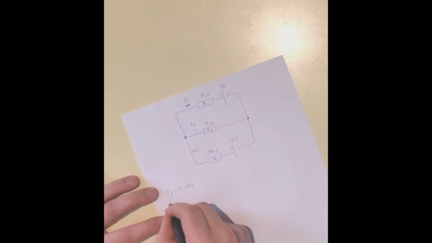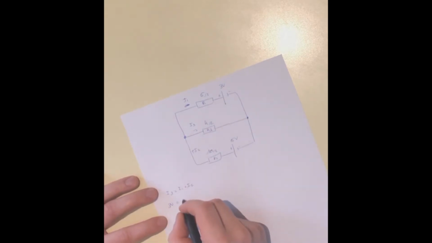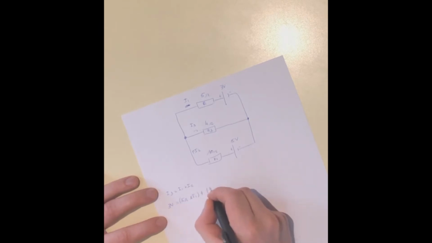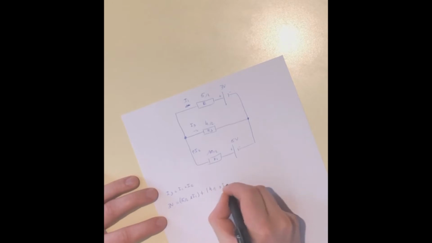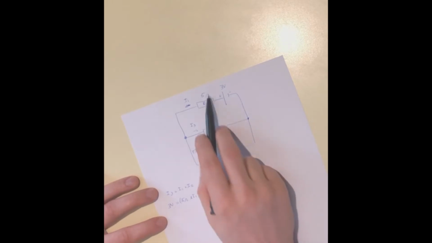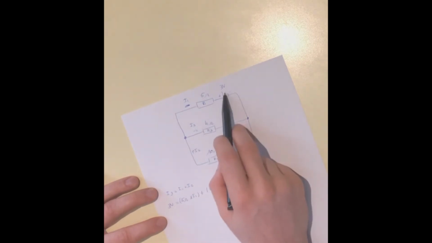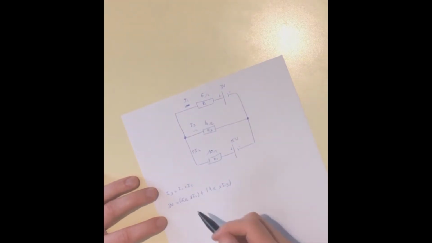So 3 volts has to be equal to 5 ohms, this one, times I1, plus 4 ohms times I3. So this voltage plus this voltage equals the source, like the voltage law.